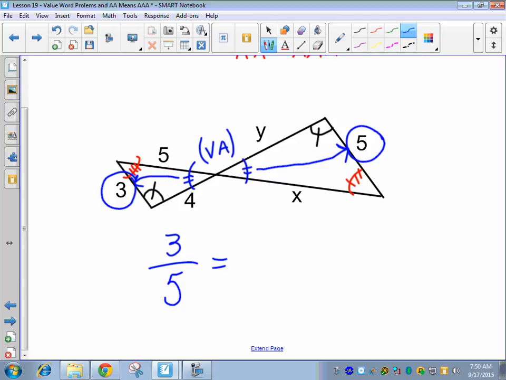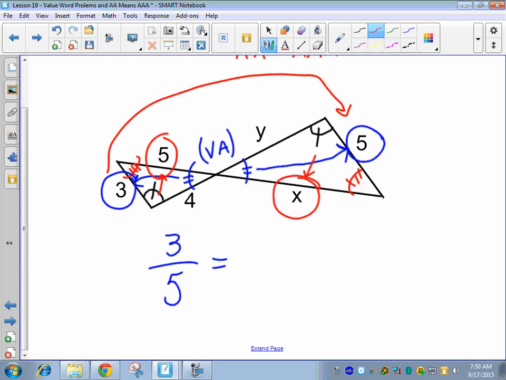All right, so I want to find x. Which side is across from the 1-pronged angle? The 5. So I have to use x and 5 together. Now, if I say 3 over 5, I went small to big, then what do I have to put on the other side to find x?